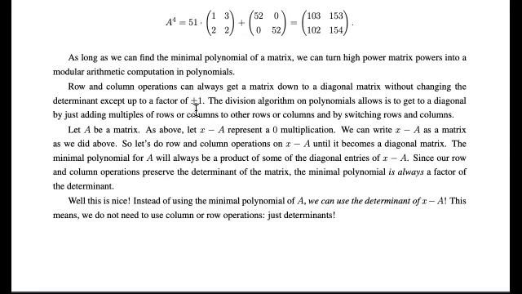Which means the minimal polynomial actually is a divisor of the determinant. So even though you don't know the minimal polynomial, you can at least mod out by that guy, and it'd still be okay because you already know it's going to be zero. The determinant is a polynomial multiple of the actual minimal polynomial, so it will be zero. So we can mod out by it and still be accurate.